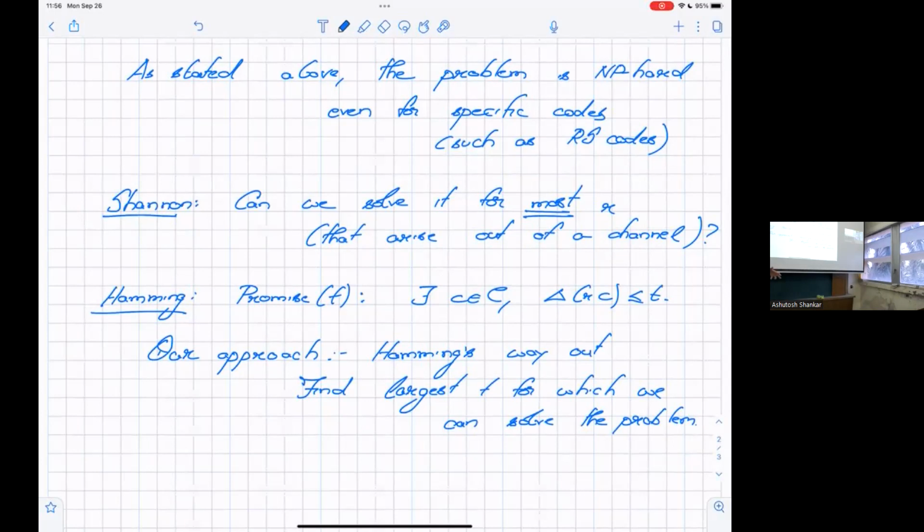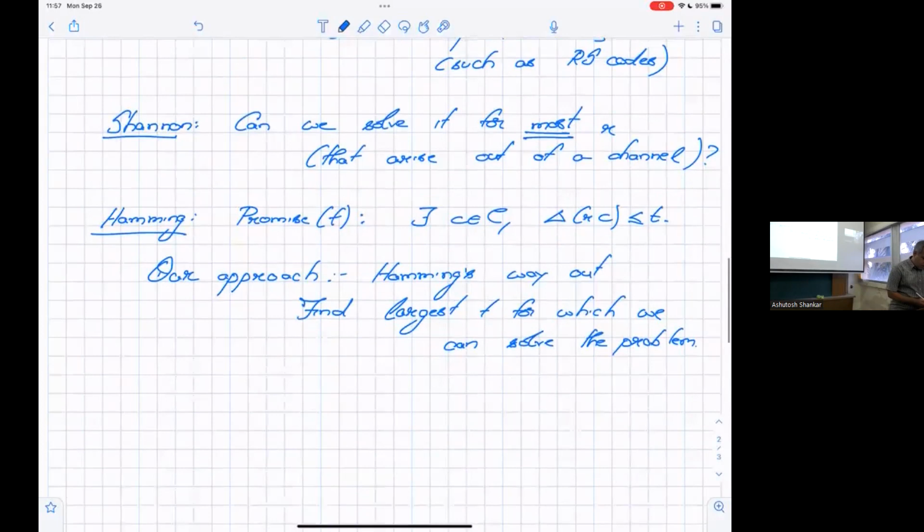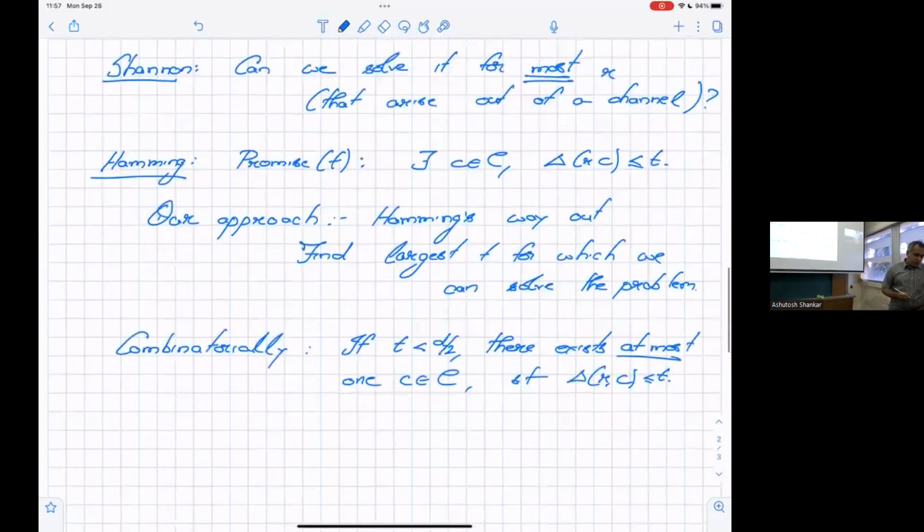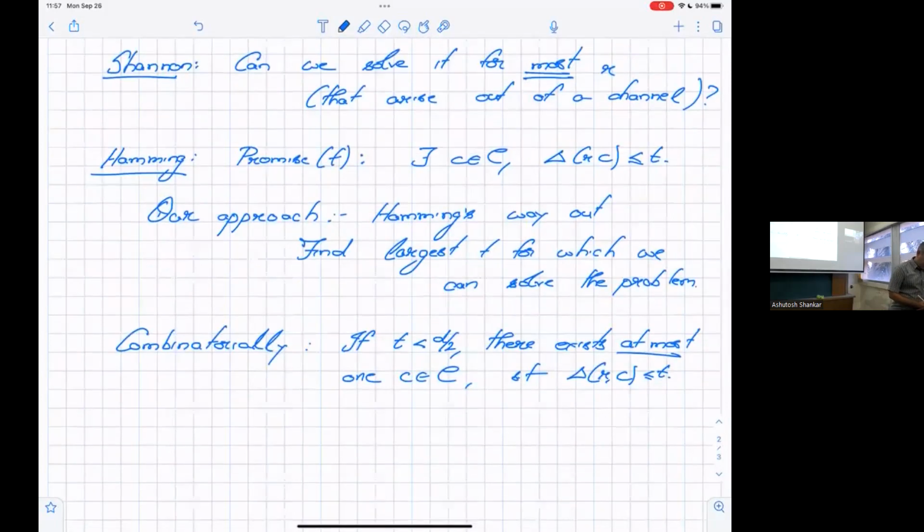So combinatorially, what we know is that if T is strictly smaller than d by 2, there exists at most one C in the code such that delta(R, C) is less than or equal to T. And this is what is called unique decoding.